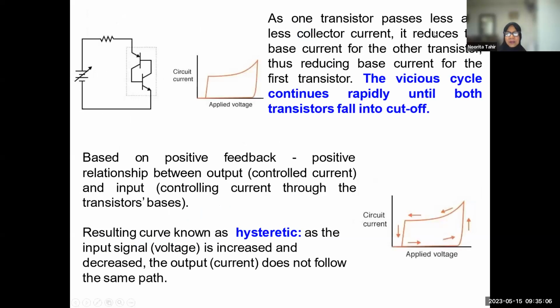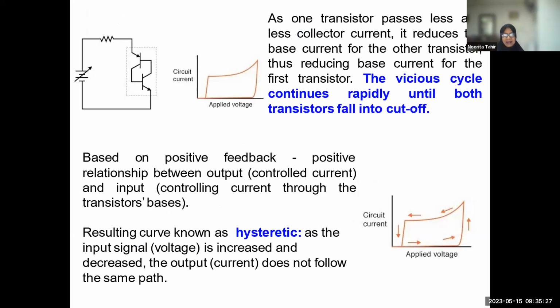As one transistor passes less and less collector current, bila kita dah reduce, it reduces the base current of the other transistor, which reduces the base current of the first transistor. So this cycle will continue until both transistors masuk dalam kawasan cut off.